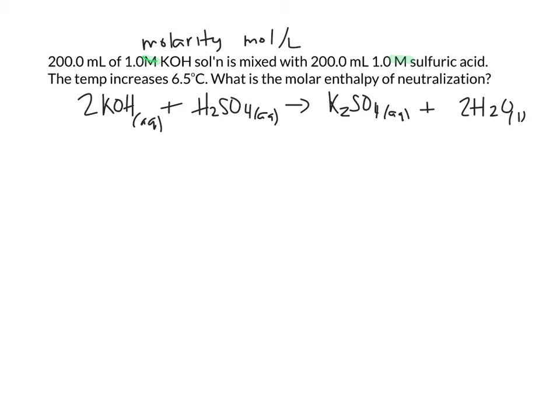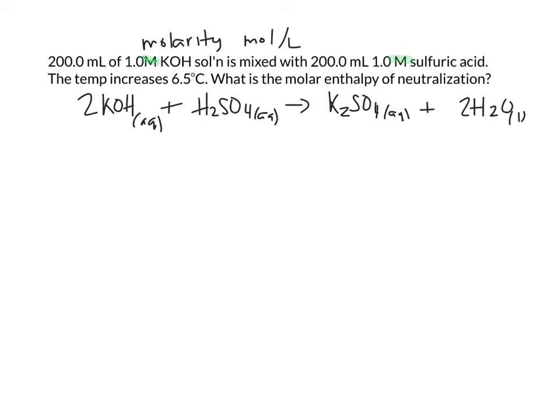So it doesn't tell you in the question whether you should figure out the molar enthalpy of neutralization with reference to KOH or sulfuric acid. So what you need to do is look and see which one of these 2 is limiting.